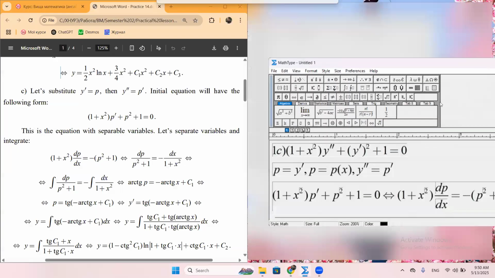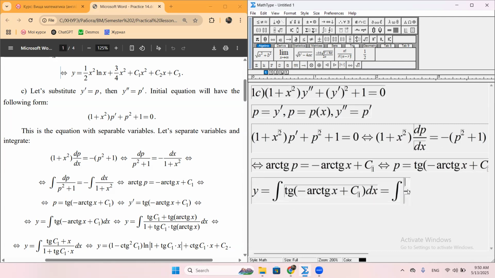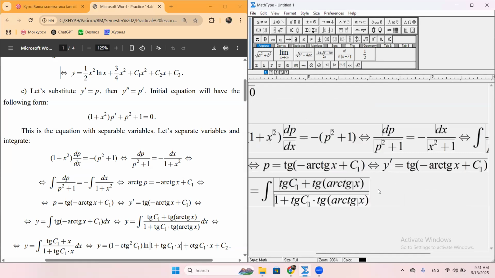If I believe this recording, it will be the following expression: tangent C1 plus tangent of arctangent x, over 1 plus tangent C1 multiplied by tangent of arctangent x. Actually, this expression will be replaced by x.